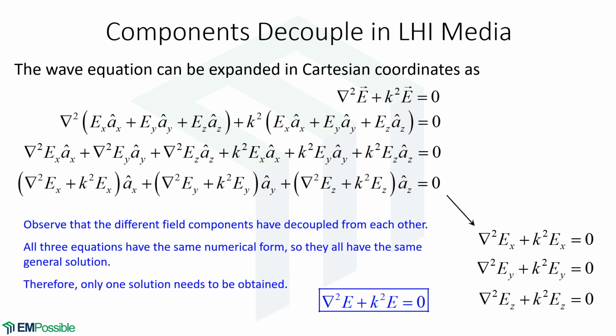Now, they all look the same, so they're all going to have the same general solution. Whatever constants fall out of that may change due to boundary conditions and all that, but they're going to have the same general solution. So let's just write the wave equation this way, not even bother writing the subscript, whether this is x, y, or z, because we can solve that and then apply that same general solution to all other field components.